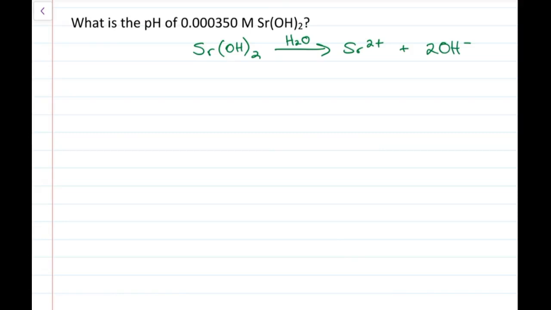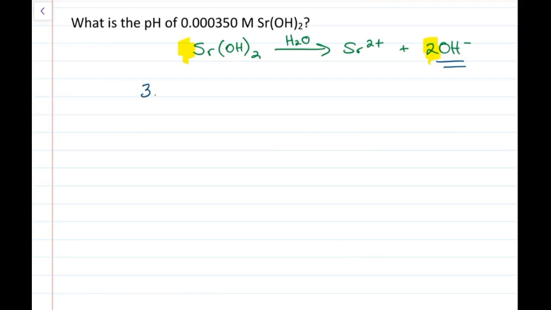That's important because this is now a 1:2 ratio. For acids, it's always 1:1, but for bases, sometimes you have 2 or 3 hydroxides for every one of the base that you used. So if we're looking for pH, we're not going to be able to get that directly from hydronium for this problem because this is a base. It doesn't produce hydronium, it produces hydroxide. So the first step is going to be to see how much hydroxide we get from this reaction.